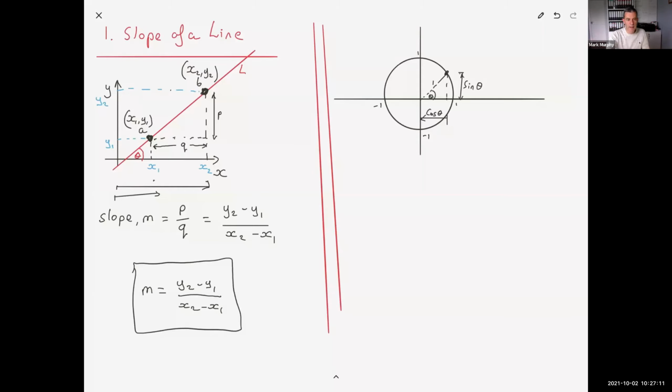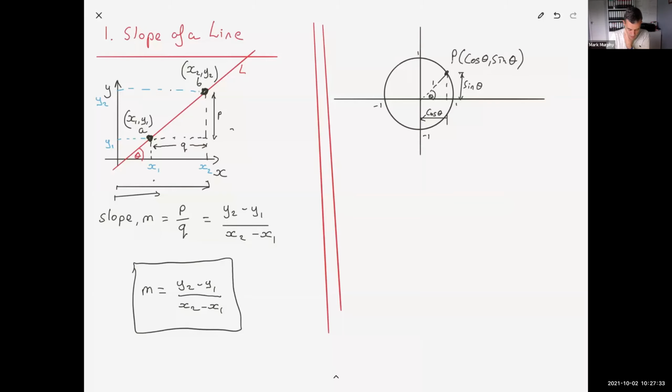So going back to this diagram and our definition, this is y2 minus y1. So we call this point P, and the coordinates of point P are cosine of theta, sine of theta on the unit circle.